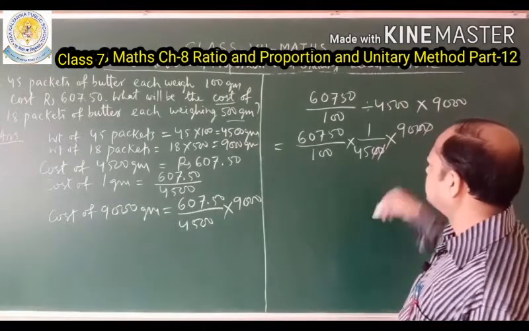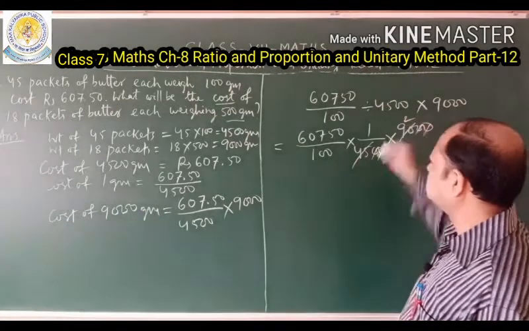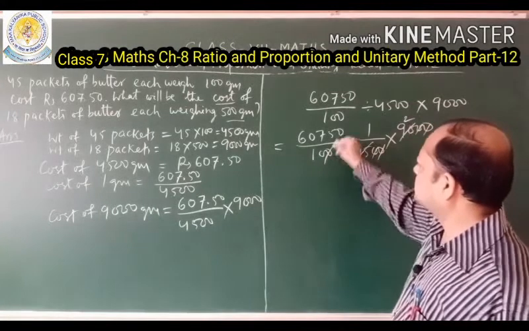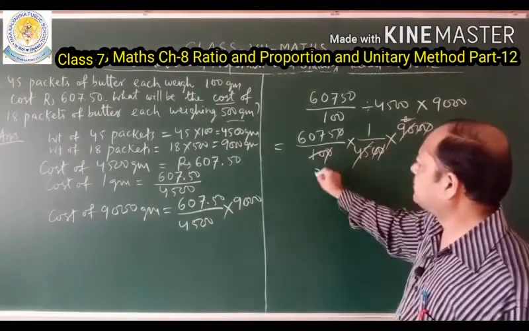20 cut here, 20 and 45 twos are how much? That is 90. 45 twos are 90. Again 20 cut here. Again 2 fives are 10.